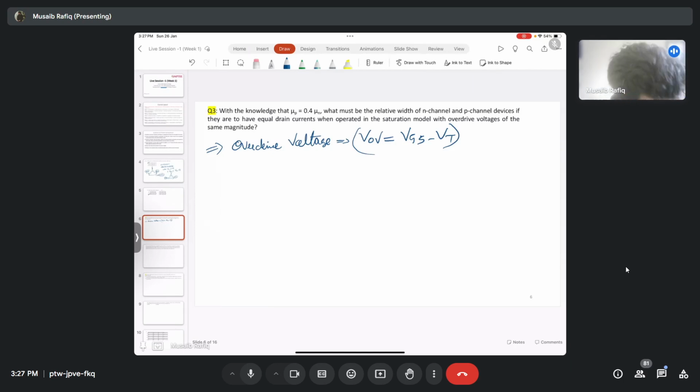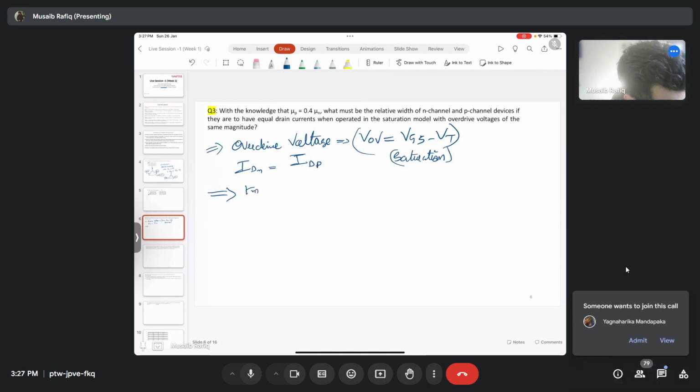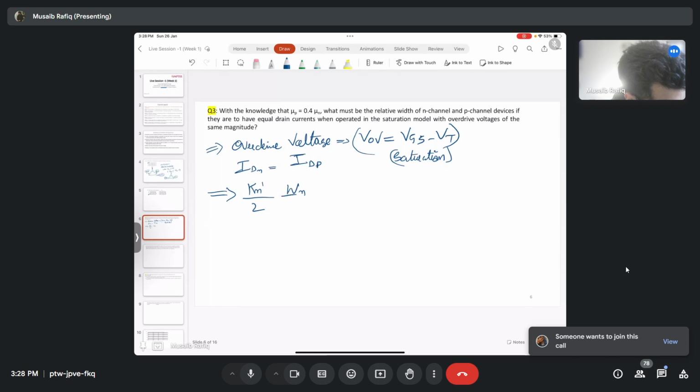Now the condition that we have here is that the drain to source current of the n channel is equal in magnitude to the drain to source current of the p channel, and both of them are in saturation. In saturation, my current is equal to kn dash by 2 times Wn by Ln. Two terms I have written here.